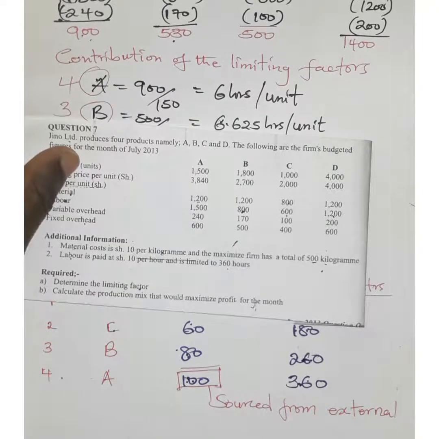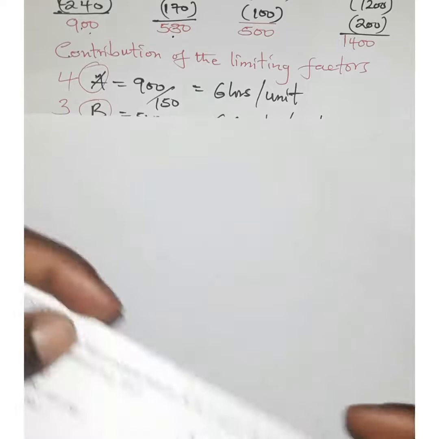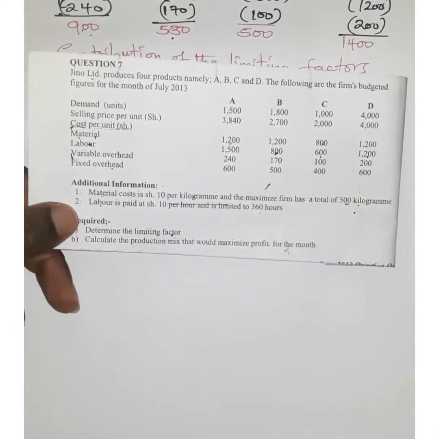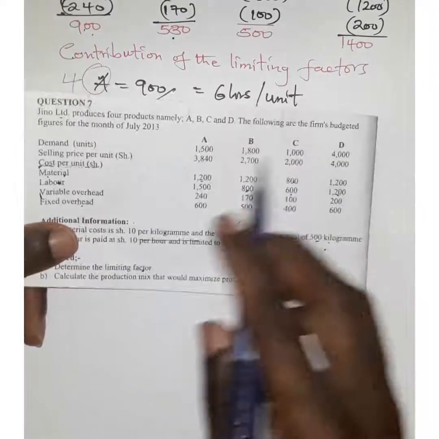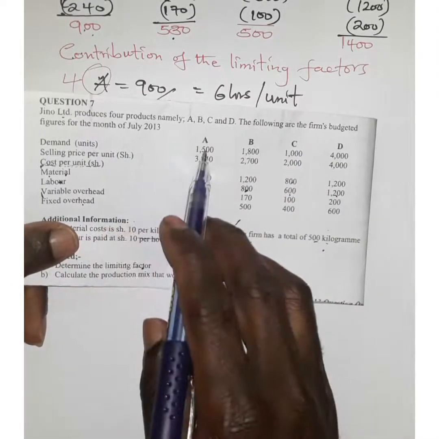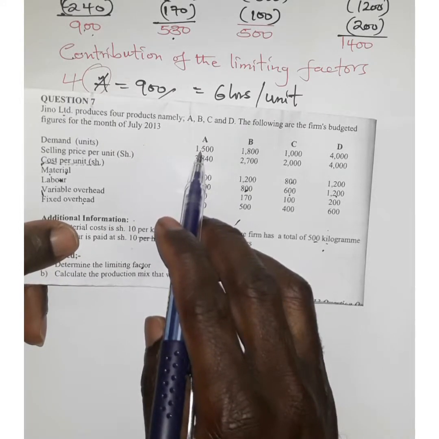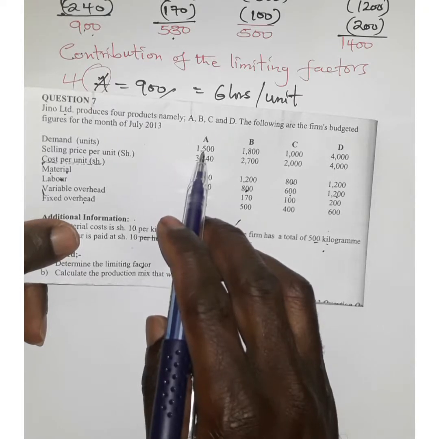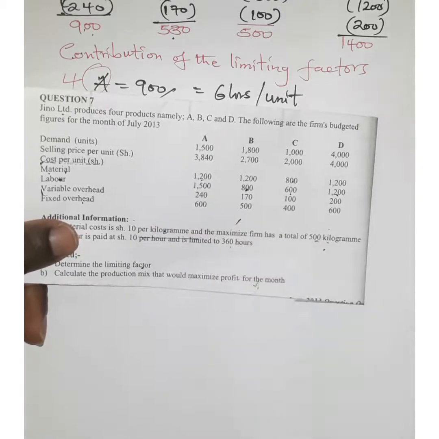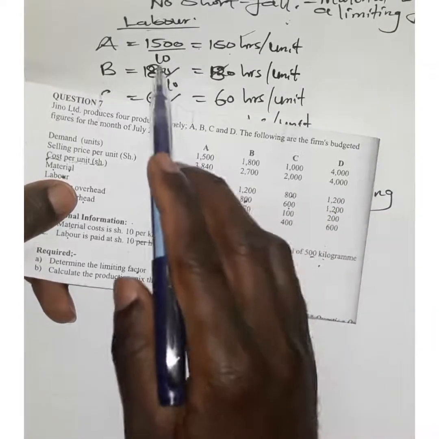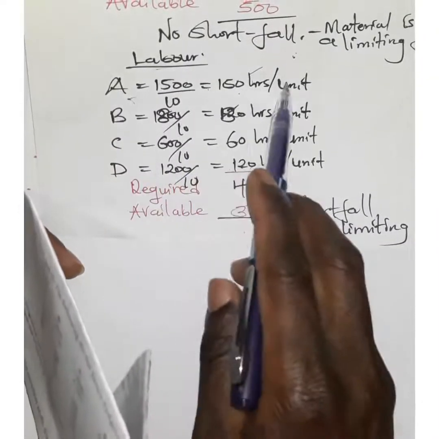Then now we are not yet done. After getting the number of hours to produce for A, we should ask ourselves a question. The demand for that particular product that we have reallocated is 1,500 units. But as per product A, what is required is 150 hours per 1 unit.